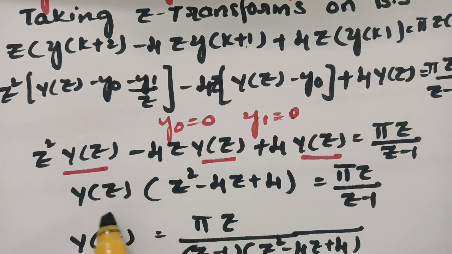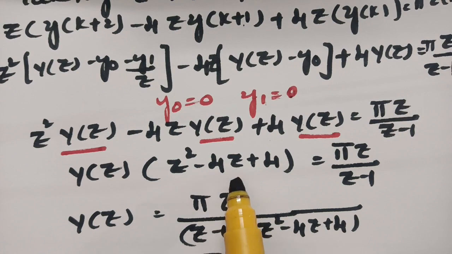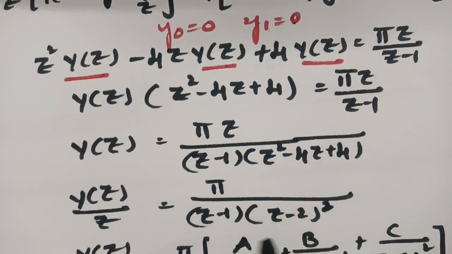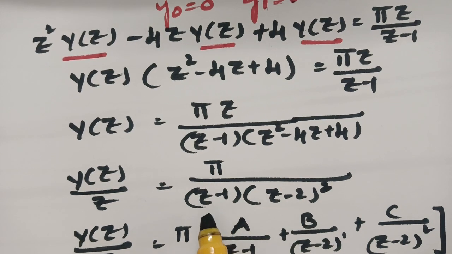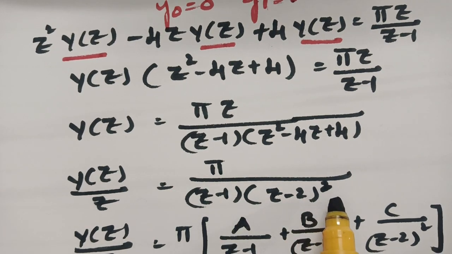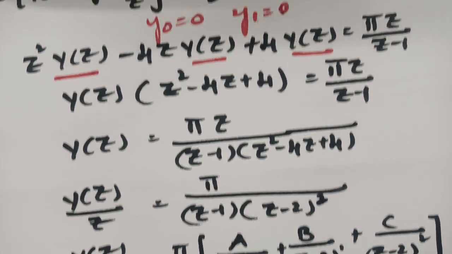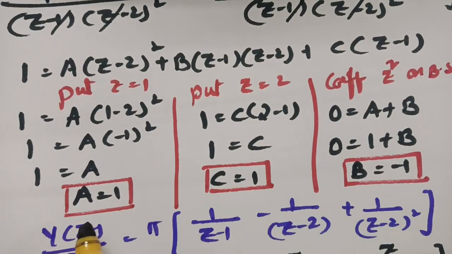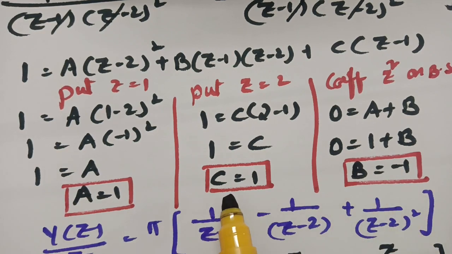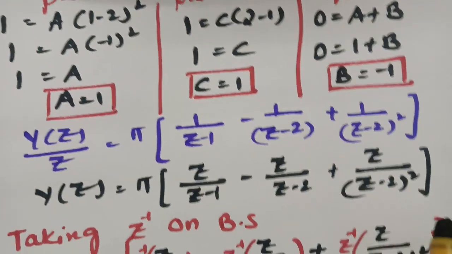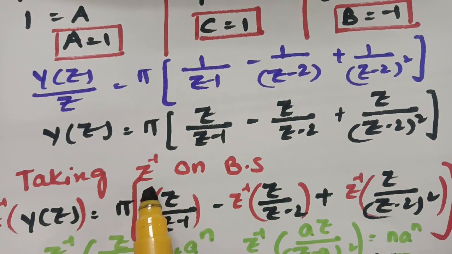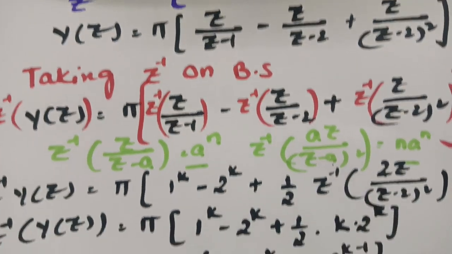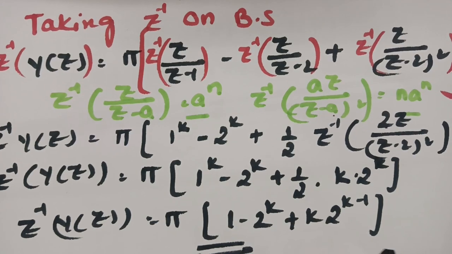If I apply and take y of z common, I am sending this z square minus 4z plus 4 to the other side, and here the term is pi by z minus 1 into z minus 2 whole square. I have to resolve into partial fractions, and after resolving I need the values of a, b and c. After substituting the a, b, c values, I have to apply z inverse on both sides using these two special function formulae. So this is the final answer.